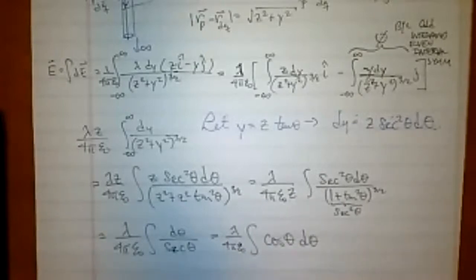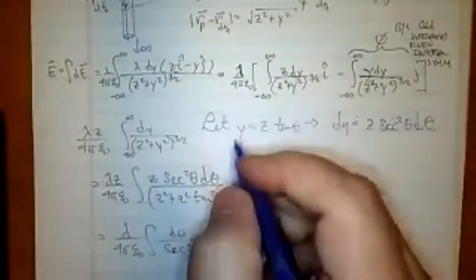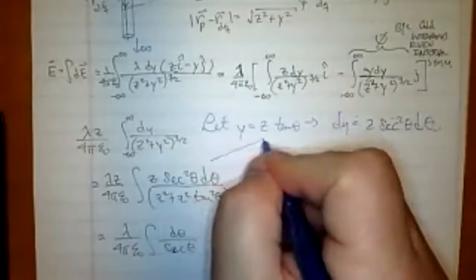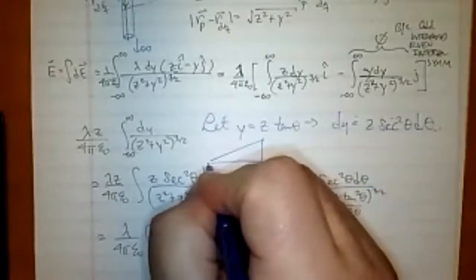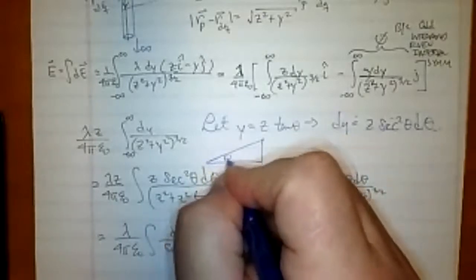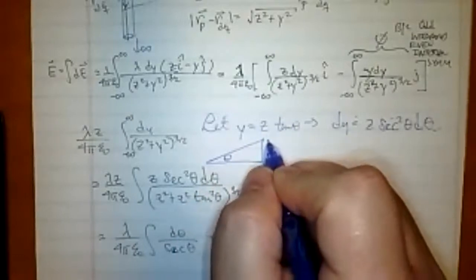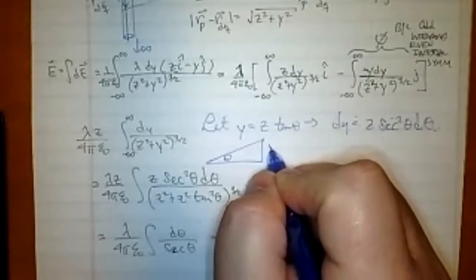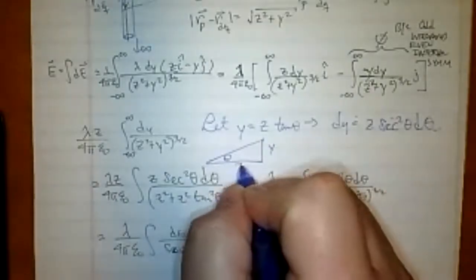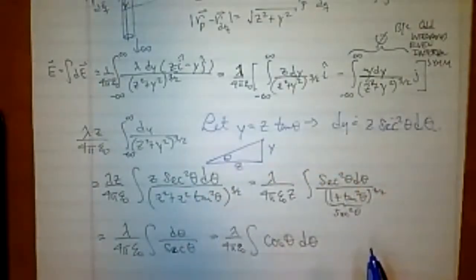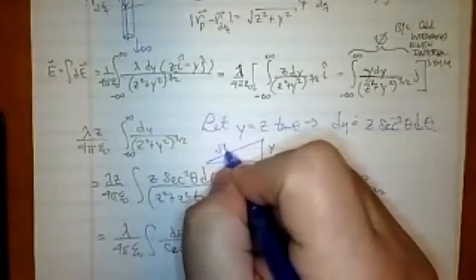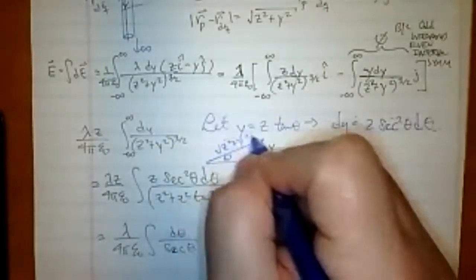Now, here's the tricky part. What's the range of integration? Well, this is really wonderful. Since y equals z tangent theta, there exists at least some idea of a triangle where the tangent of theta, which is opposite over adjacent, is in fact opposite, which is y, over adjacent, which is z. And in fact, this part would be the square root of z squared plus y squared.